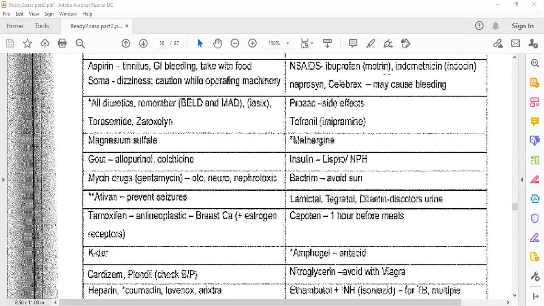Aspirin is a non-steroidal anti-inflammatory, or NSAID, and Tylenol is an analgesic, meaning pain reliever, or antipyretic, meaning fever reducer. But keep in mind, it is good not to give aspirin to children, because sometimes aspirin causes toxicity in children.